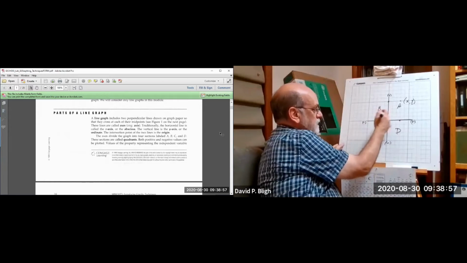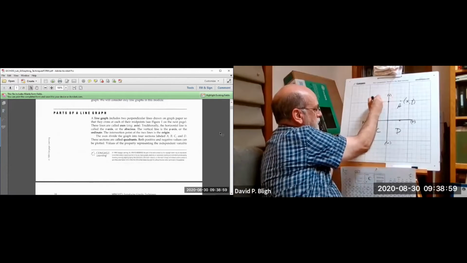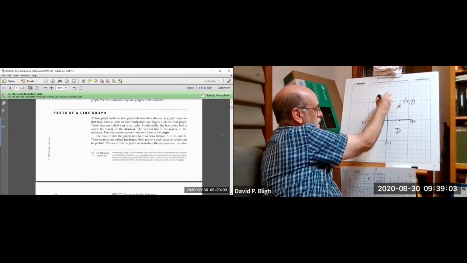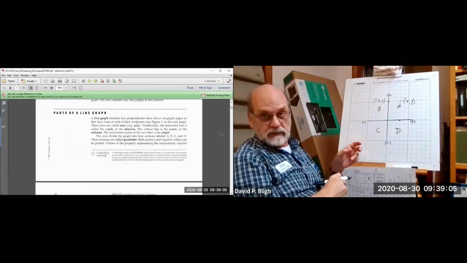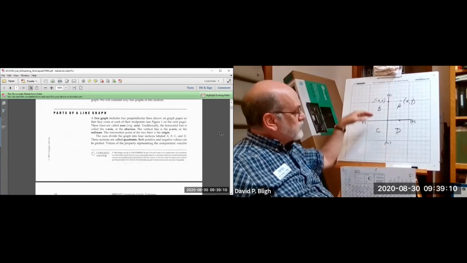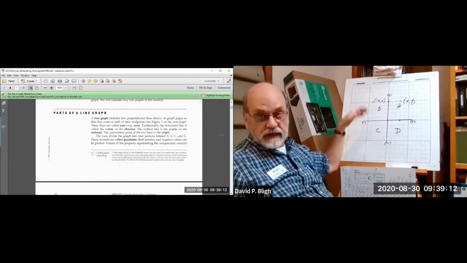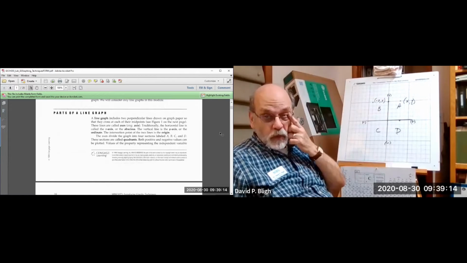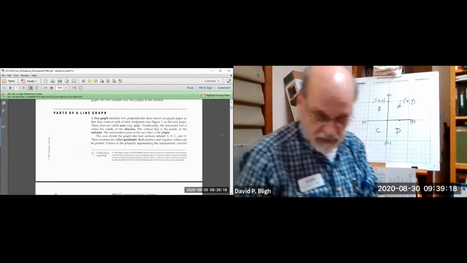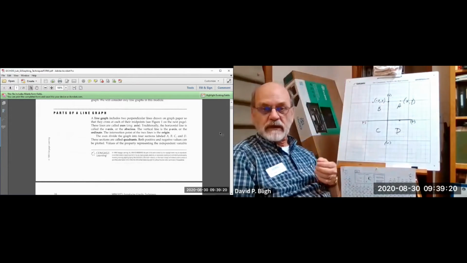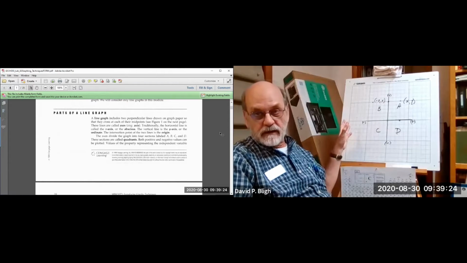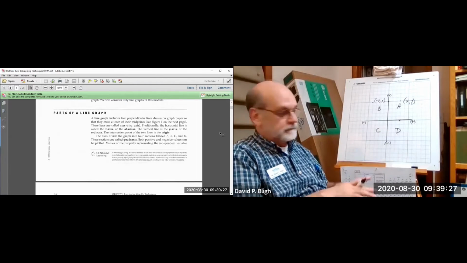This one would be, say, here, would be a negative x and a positive y. Okay? Sometimes you do need to use the negative side of the graph. And one of the problems that you're going to work on in this exercise makes use of the negative side of the axis.